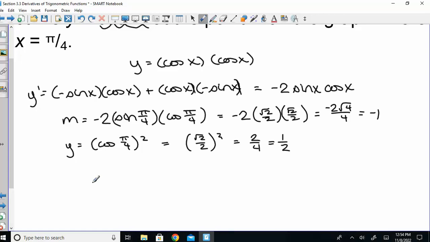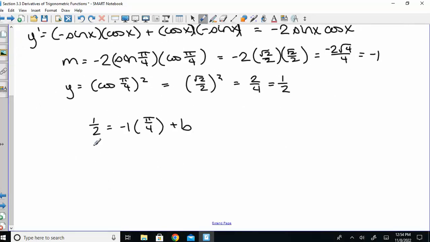So if we plug into y equals mx plus b, y is 1/2, m is negative 1, x is pi over 4 plus b. So I get 1/2 plus pi over 4 for my y-intercept.